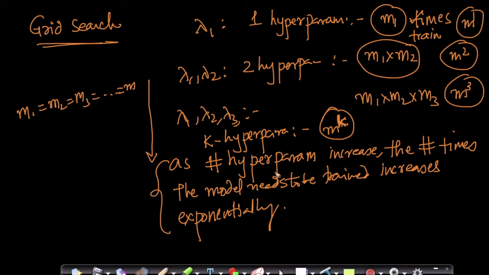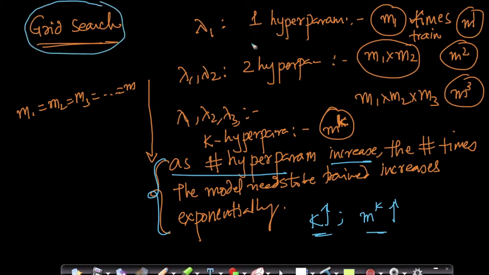As K increases, M power K increases exponentially. So grid search is not good when there are a lot of hyperparameters.